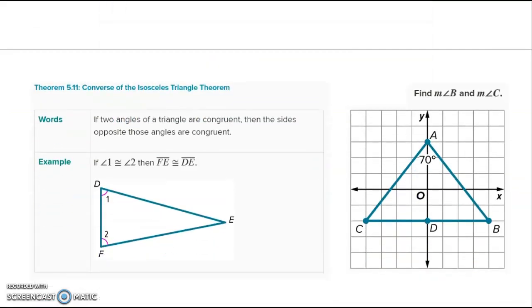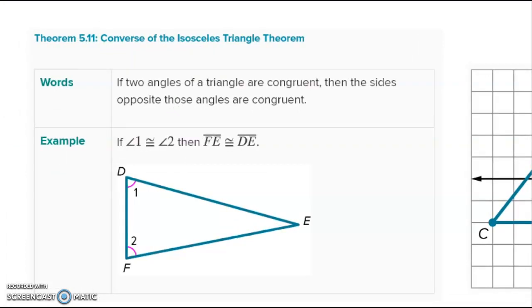And vice versa: if I know the angles are congruent, whether given or proven, then I know for sure that these two sides, these legs, are congruent. So it goes both ways. Whether you start with the angles or the sides, you can say the other is congruent as well.